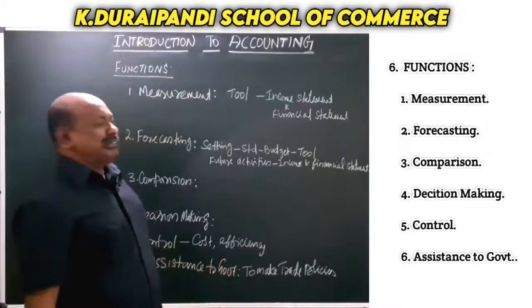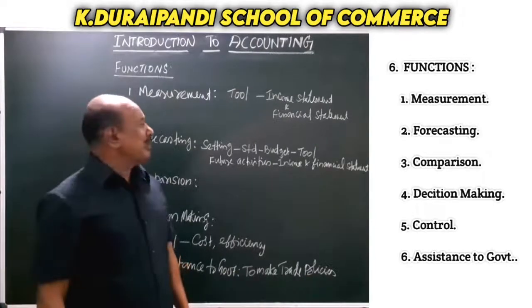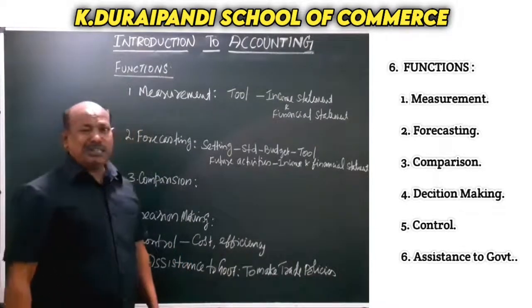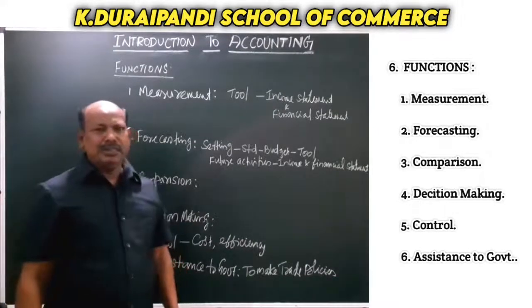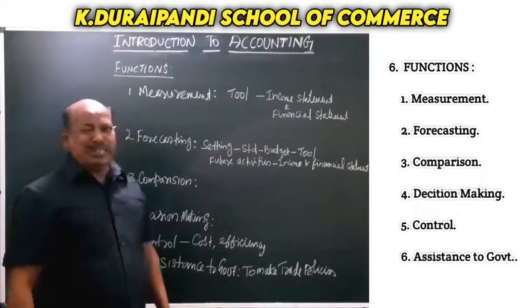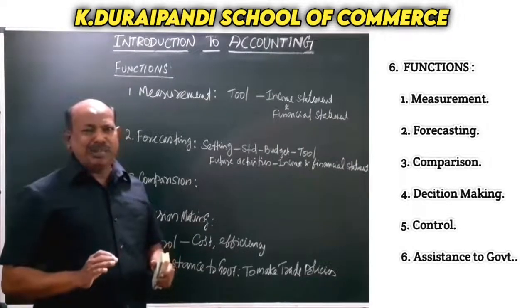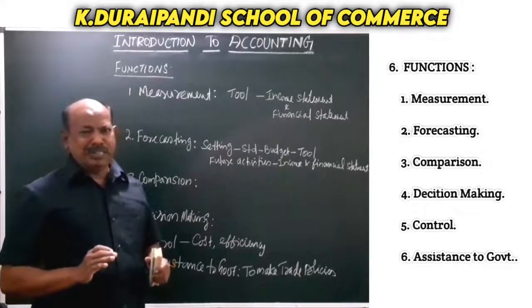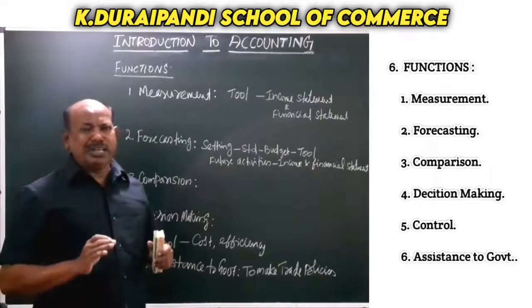Now we have to see the important functions of accounting. The first function of accounting is measurement. Measurement means we have a systematic record of financial information, that is, we have a set of books with regard to sales, purchases.